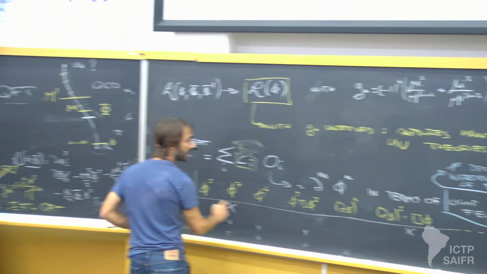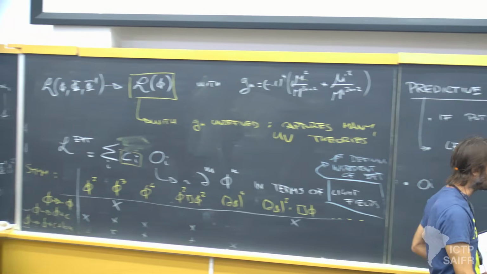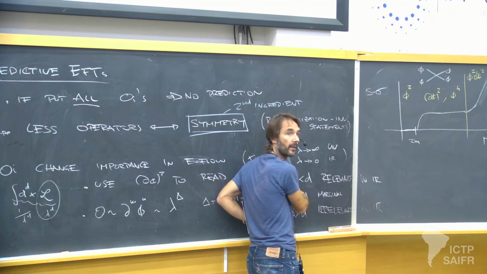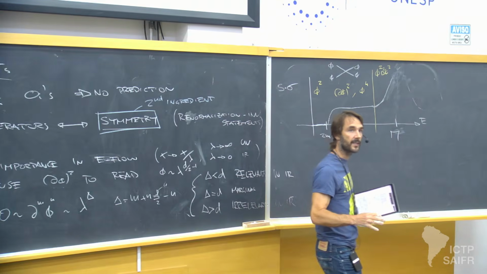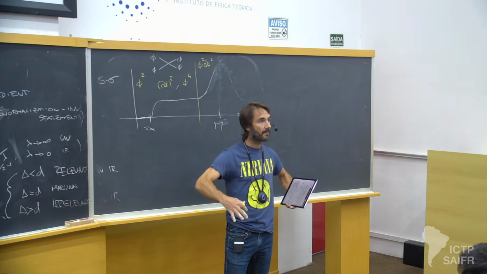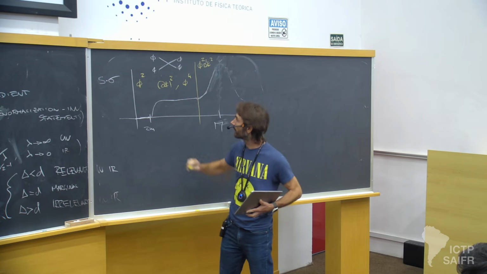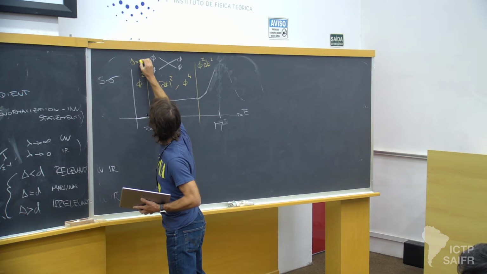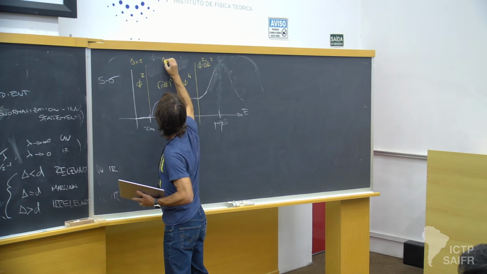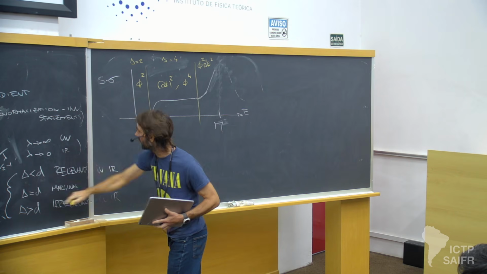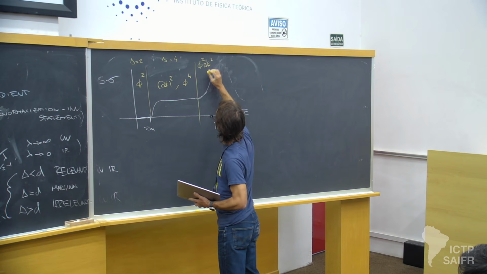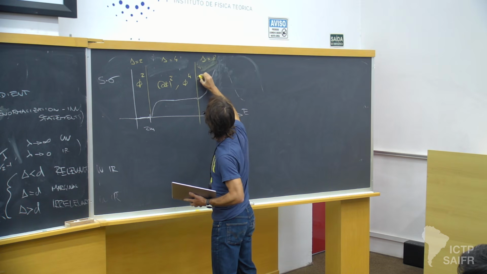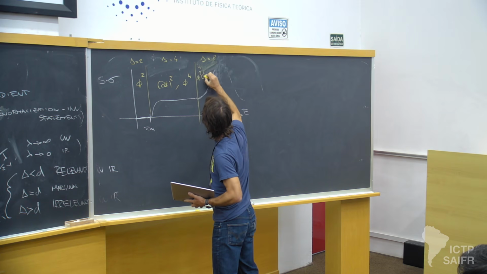This has delta equal 2, which is smaller than 4. So it's the most relevant operator in our theory. At small energies, you just have the mass that freezes all the dynamics and nothing happens, okay? So this is delta equal 2. This is delta equal 4, the limiting case. And this one here is delta equal 8, actually, this phi squared, box squared, phi squared.